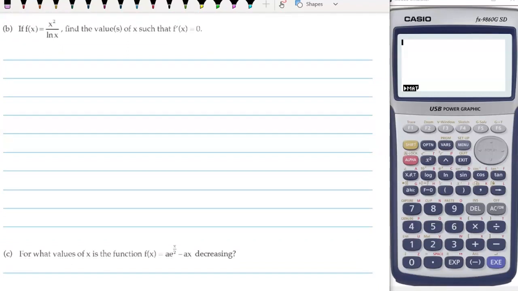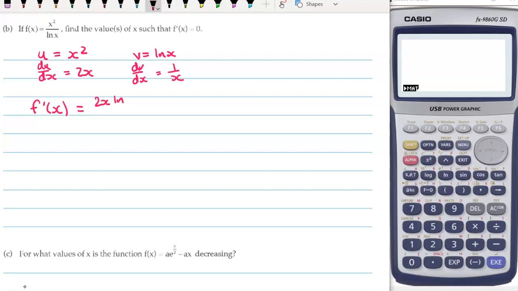Okay, for part B, we have got the quotient rule. So u equals x squared, v equals log x, du by dx is 2x, dv by dx is 1 over x. So f dash of x is v du by dx, so 2x log x, minus u dv by dx.